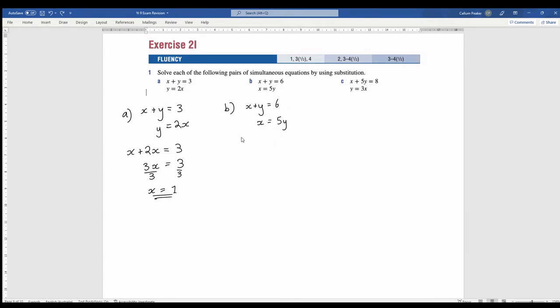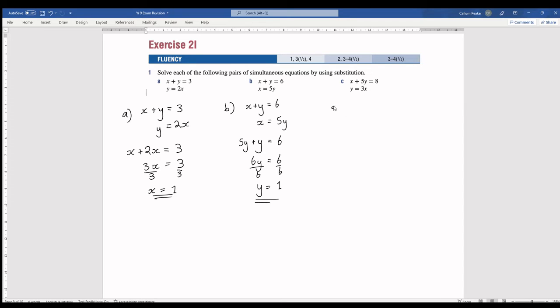So that will give me x, which is 5y, plus y is equal to 6, and if I add these together, you'll see that we get 6y equals 6, or in other words, if I divide by 6, y equals 1. Again, we're getting these very simple problems. Like I said, it's not going to be anything super duper complicated. We want to keep it basic.